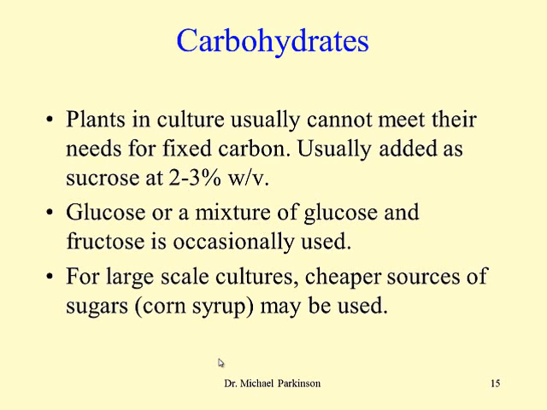In a plant tissue culture growth room, we would typically supply light between 50 to 100 micromoles per meter squared per second. So it's only a small fraction of the light that a plant would normally experience. And this light is needed in order to make sucrose as a result of photosynthesis.